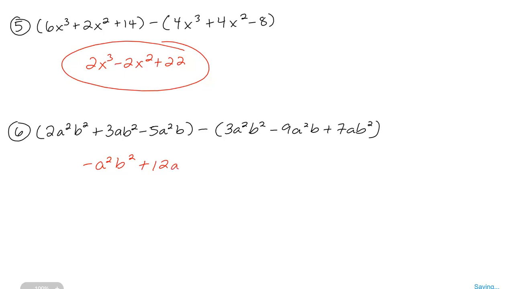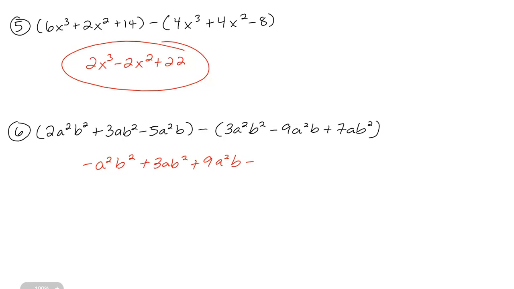No. Those were not like terms. So this should be 3ab squared and then plus 9a squared b, then minus... okay, I apologize.